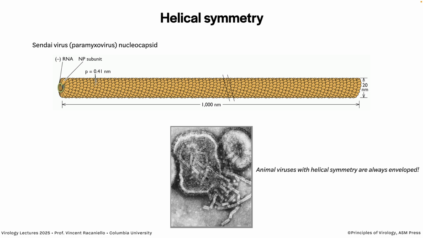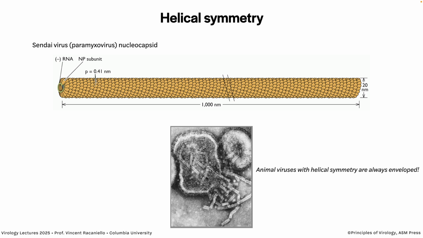Interestingly, animal viruses with helical symmetry are always enveloped. The tobacco mosaic virus that I showed you is not enveloped. Plant helical viruses don't need to have envelopes. But animal viruses do. I don't know why, but you can see this electron micrograph of a helical animal virus.